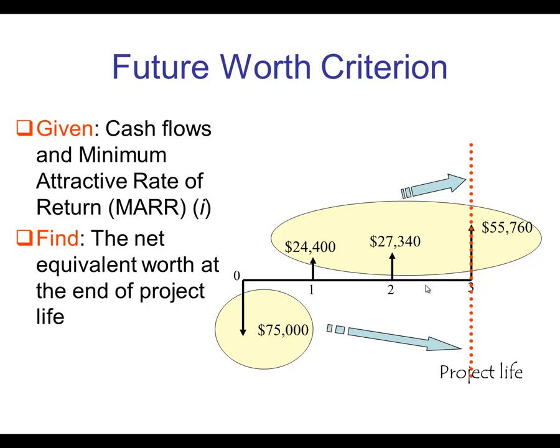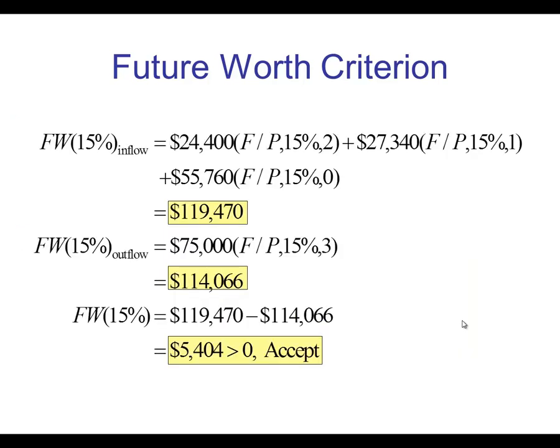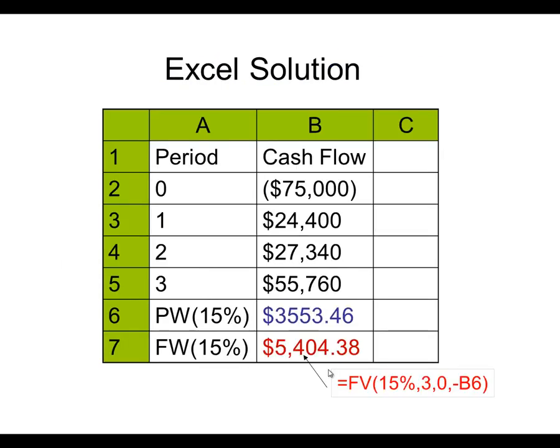This is just a confirmation of the change of cash flow, where we send the money to the future, compare the two options, and decide if I want to invest or not. Like we said, based on the future worth that I got, or if I move that to the present worth, since it's greater than 0, then I will accept the project.